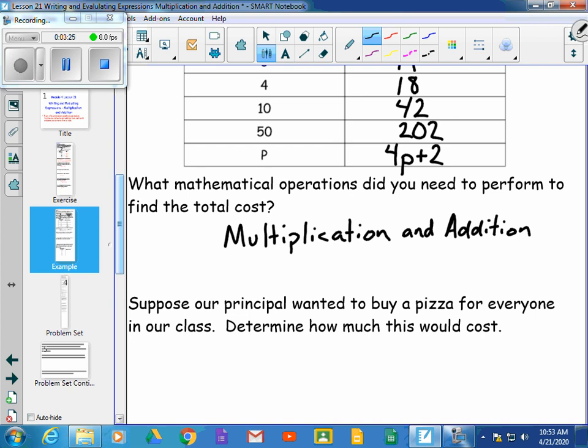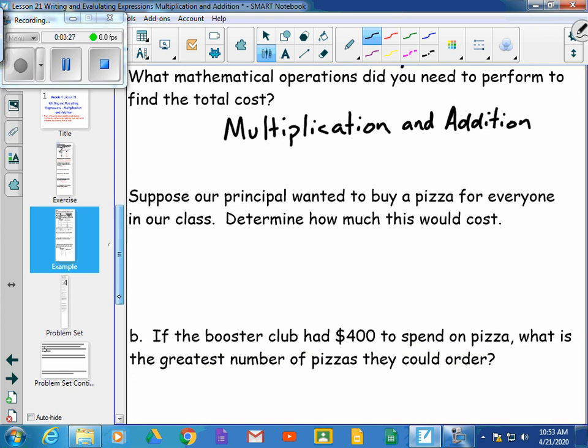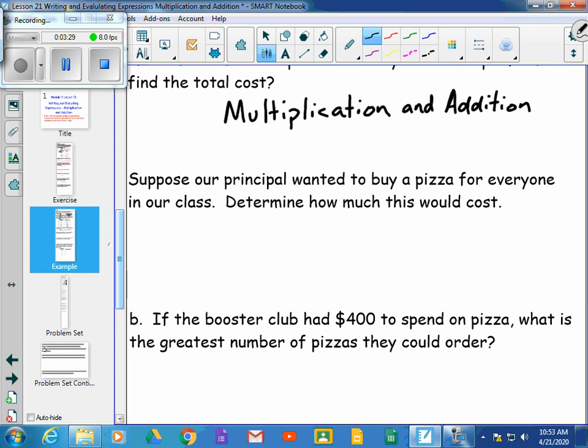Now suppose our principal wanted to buy a pizza for everyone in our class. Determine how much this would cost. Now if you're in the classroom, we would count up how many people are sitting at our desks right now, but let's just assume that we have 20 students in our class.